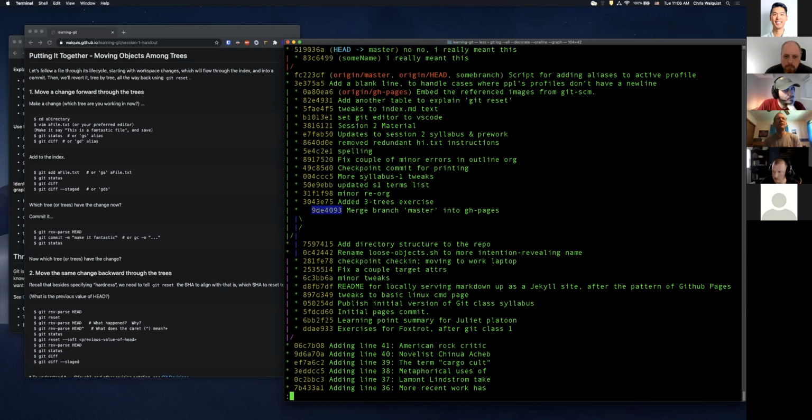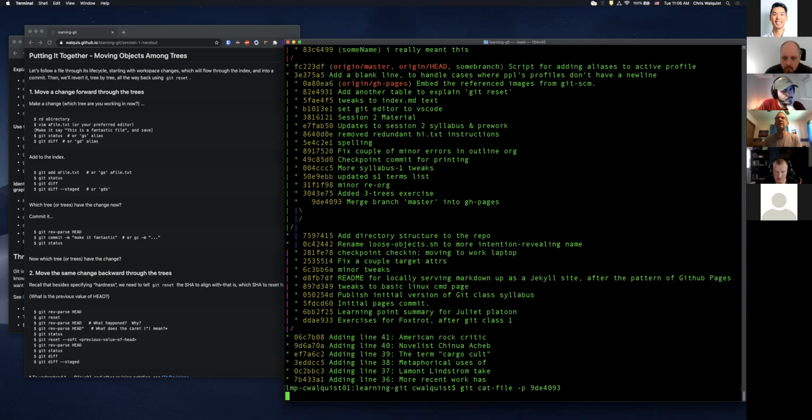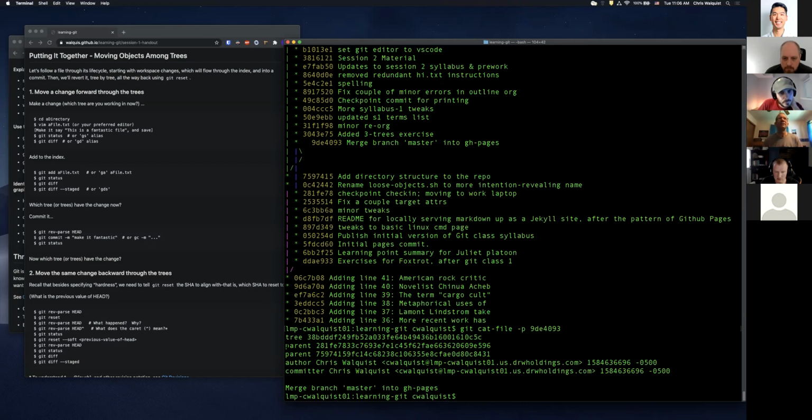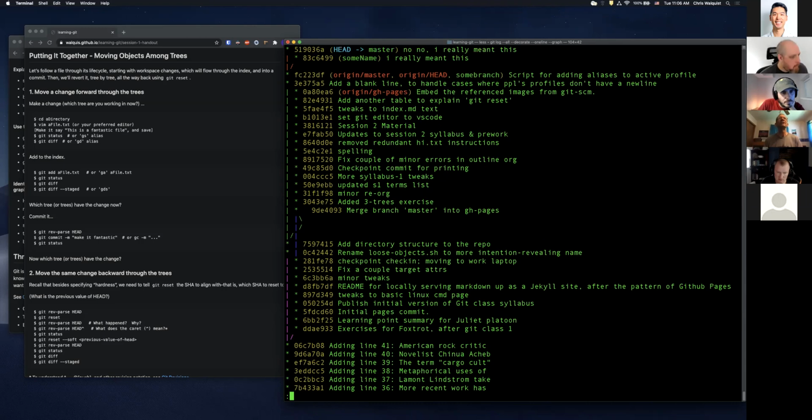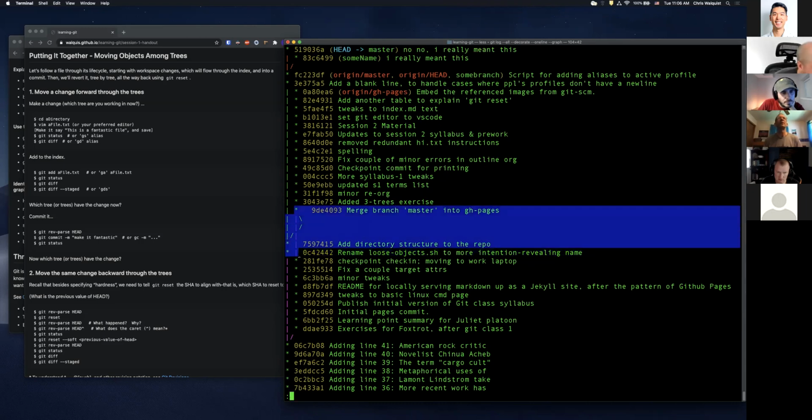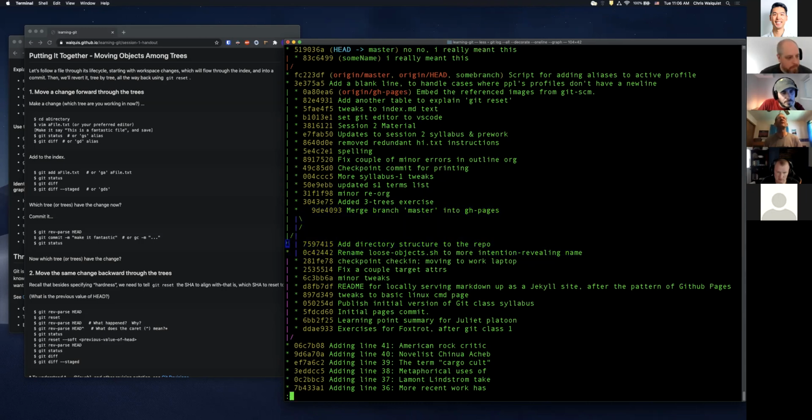So Q out of here, and then git cat-file -p on that commit, and sure enough, it has two parents. That's what Git is drawing, that two-parent relationship right here, where you merged from this commit and this commit, and then this common ancestor where the branch happened.